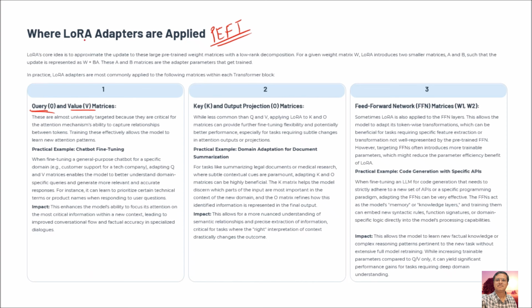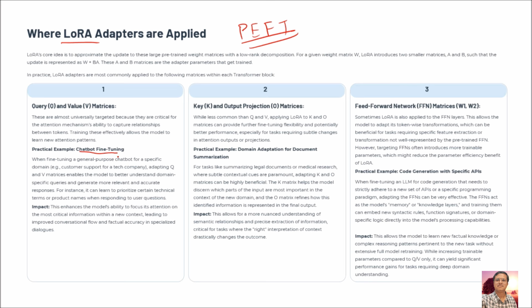Now another question is where the LoRA adapters are generally applied, or where we apply the adapter matrices of PEFT type architectures so that we can achieve our targets. For example, suppose our task is chatbot fine tuning, some specialized kind of question answering.